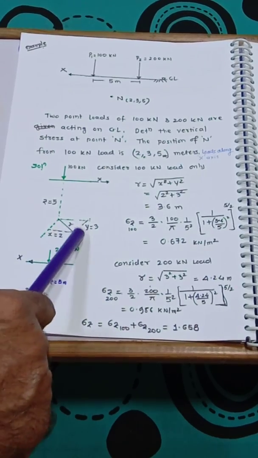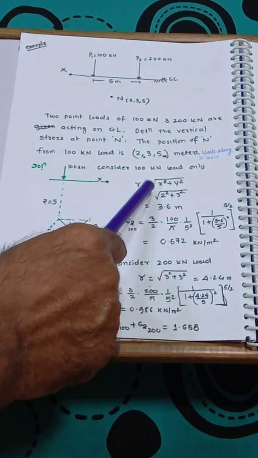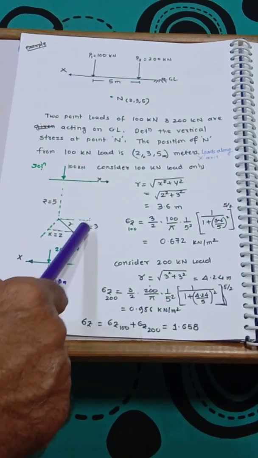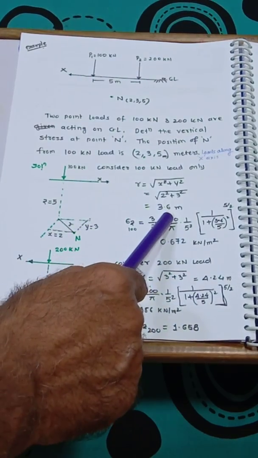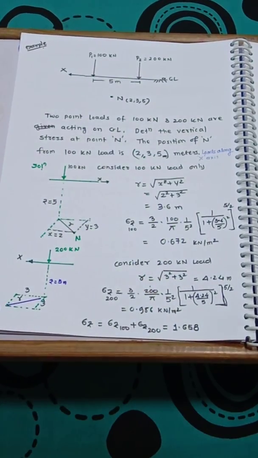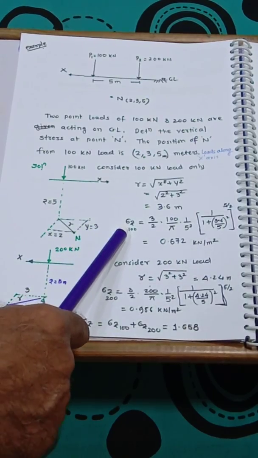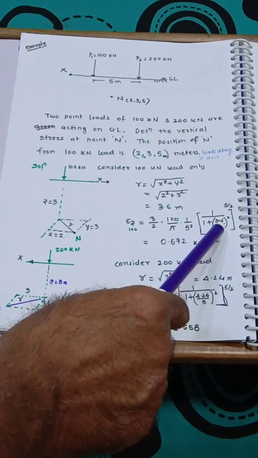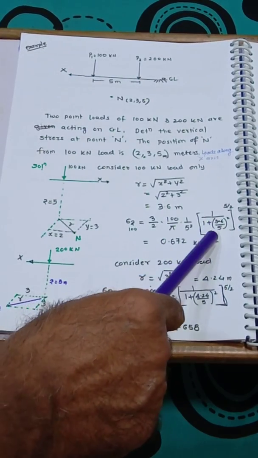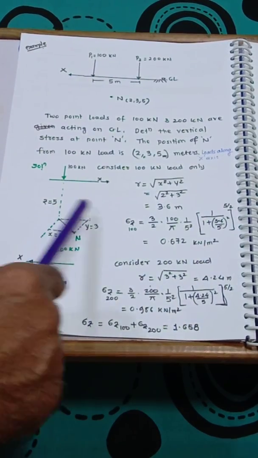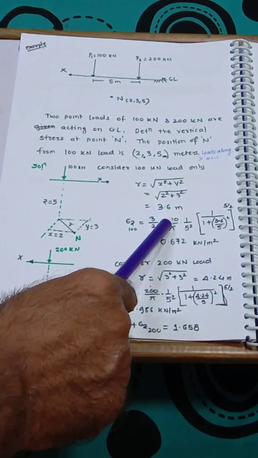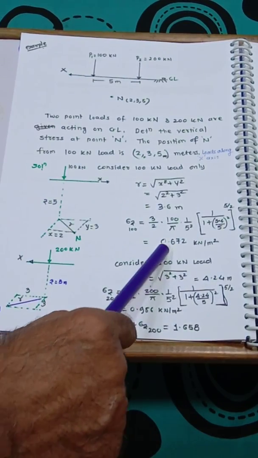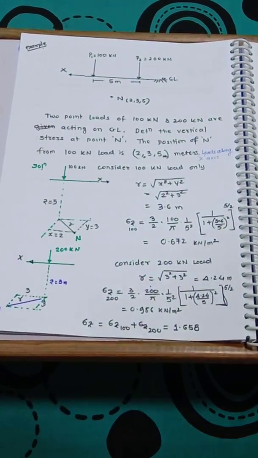From this x and y you can find out first R, that is square root of 2 square plus 3 square, you get R as 3.6. Now write down the Boussinesq equation, substitute this value of R by Z, Z required is 5 meter, R is 3.6, first load 100 kN, we get 0.672.